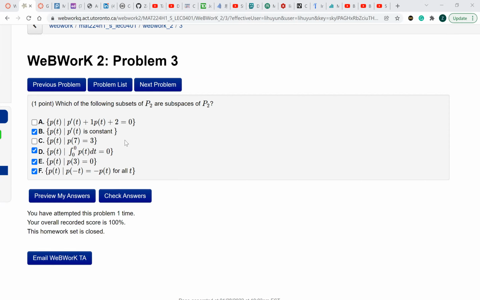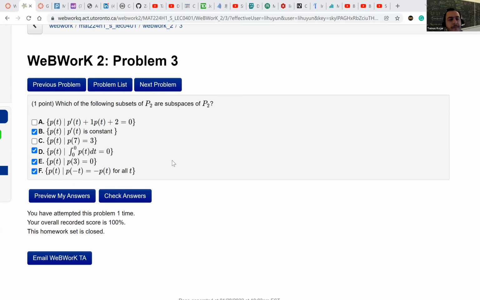For this question, I think it asks us to find several examples of the function. For this one, I will find p prime of t equals a constant like 1 and check whether this function is in the subspace of P2.